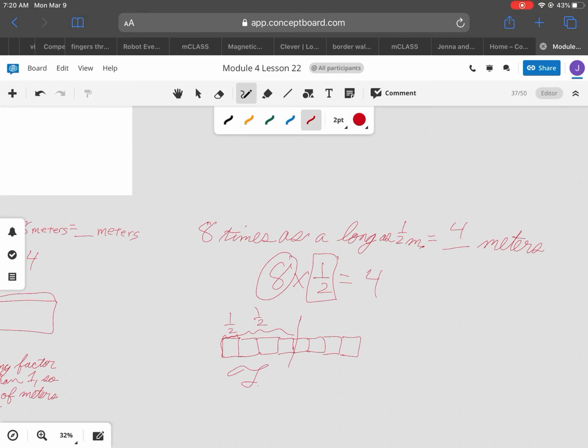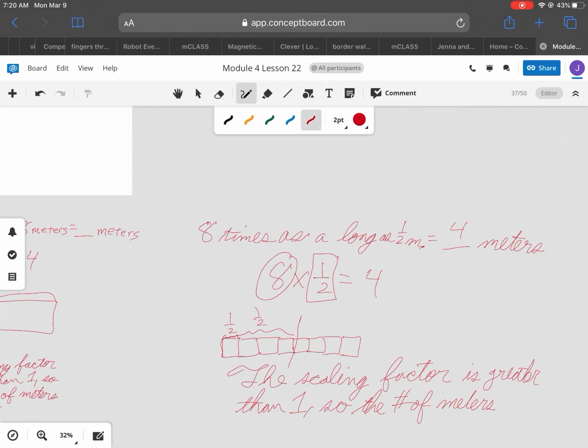All right. I know it's a little confusing, but just remember that the scaling factor is the one that's going to determine if it's greater than 1, it's going to be multiplying, you're going to get a number greater. So the number of meters increases.